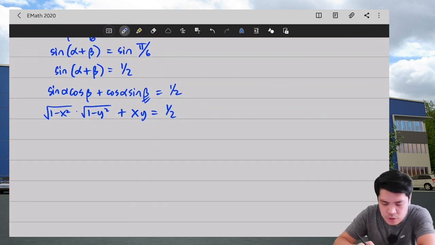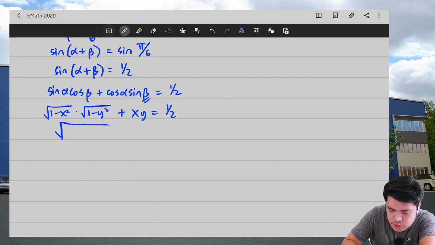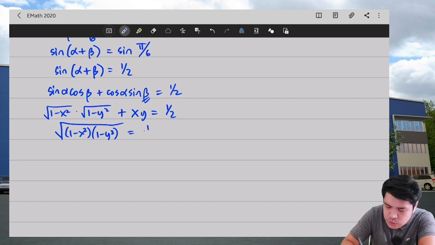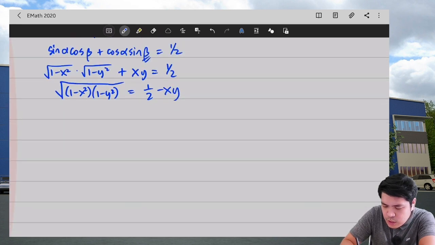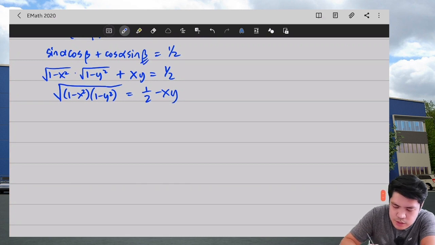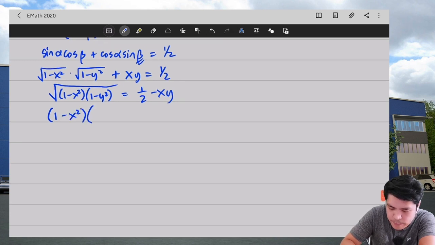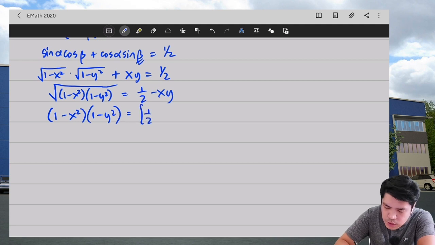If we combine these two, that would be square root of 1 minus x squared times 1 minus y squared, then that would be equal to 1/2 minus xy. Then if we square both sides, mawawala yung square dito, so we'll have 1 minus x squared times 1 minus y squared. Then this becomes 1/2 minus xy squared.